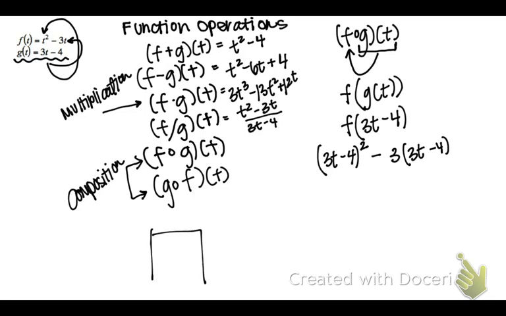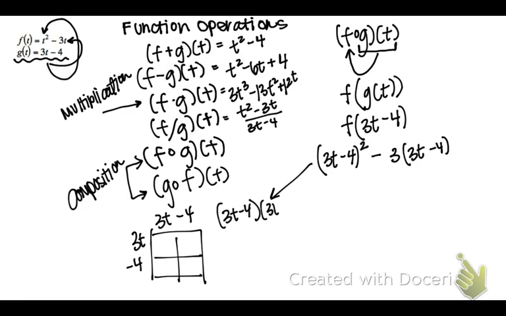That 3t minus 4 squared, I'm just going to use the box for that. Remember, this means we have it twice. So this is the same as 3t minus 4 and 3t minus 4. So this is 9t squared minus 12t minus 12t plus 16. This will be 9t squared minus 24t plus 16.